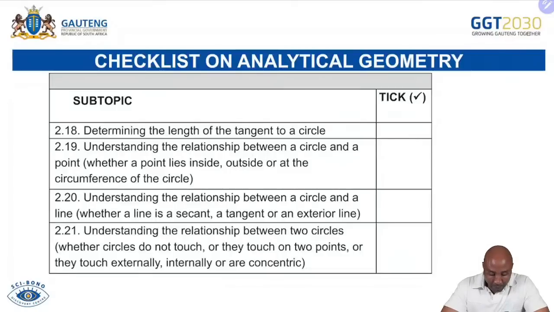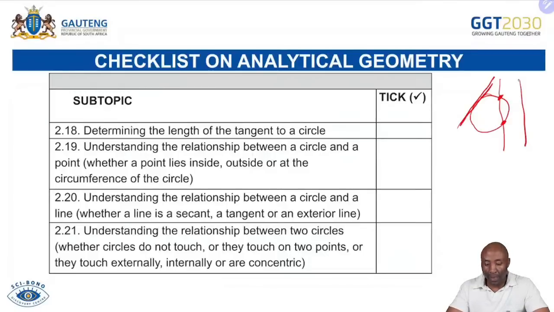Now, for a line, we should be able to deduce whether a line is a tangent to a circle or it is a secant. When it's a tangent, it touches the circle at only one point. When it is a secant, there are 2 points of intersection. When it does not intersect the circle, it will be outside.